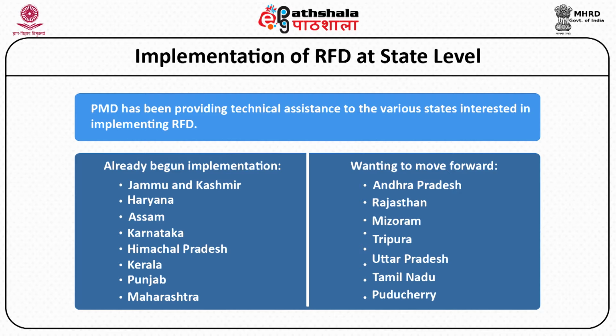The states which have already begun include Jammu and Kashmir, Haryana, Assam, Karnataka, Himachal Pradesh, Punjab, and Maharashtra. The states which want to move forward in the direction of the preparation of RFD include Andhra Pradesh, Rajasthan, Mizoram, Tripura, Uttar Pradesh, Tamil Nadu, and Puducherry.